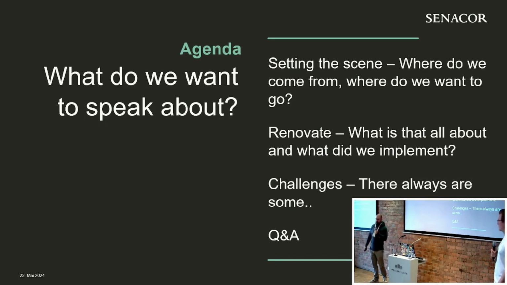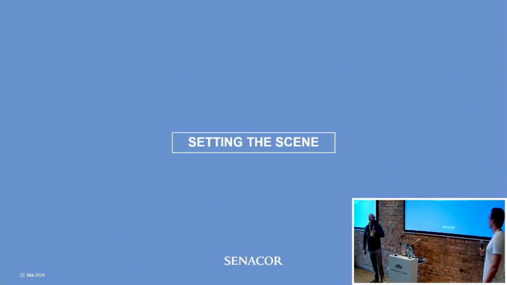Spoiler alert, it came down to Renovate, and how we implemented this, what kind of challenges we faced, what kind of challenges you might face when you want to do automated dependency management, and how we may or may not have overcome them. And then of course, as with all other talks, we will have a quick Q&A session at the end, so looking forward to your questions. And with that, let's get started.